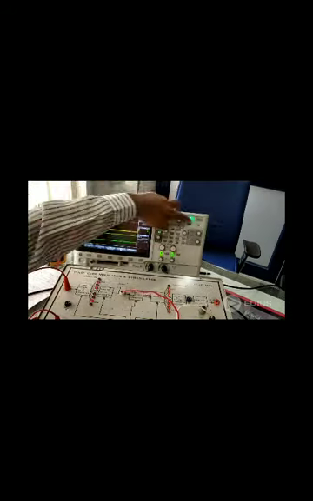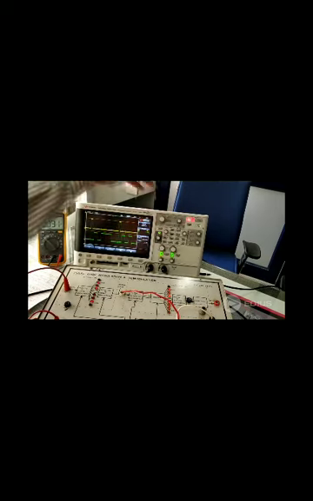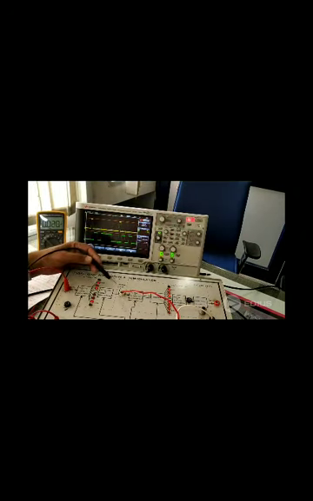LSB and MSB are given there for LEDs, showing the signal on the screen. Then we get the modulated signal, which we can see on the DSO. Also the LEDs display the digital form.